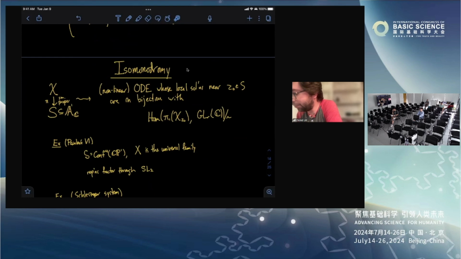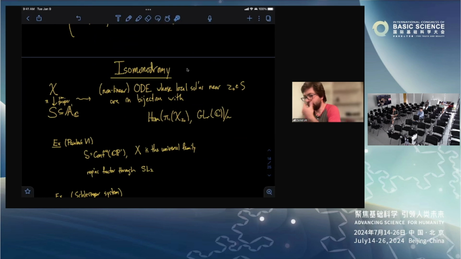I want to give you from this a nonlinear ODE, so let me tell you what its local solutions near a point z_0 in S are in bijection with. What are the initial conditions? Before, they were the cohomology of a fiber. Now they are the space of representations of pi_1 of a fiber into GL_r(C).